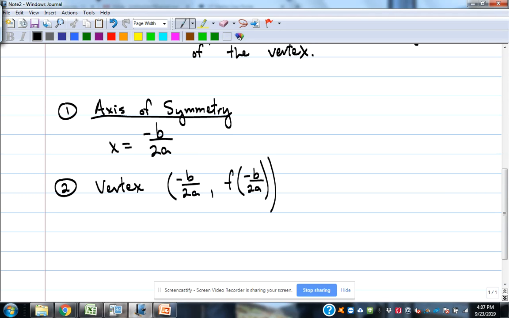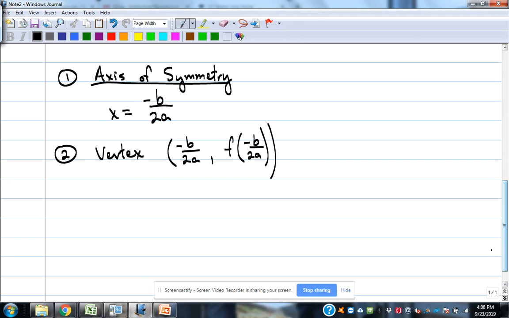That gets us the vertex, and from there we can find the range for whatever quadratic we had. Now, we're also going to find the intercepts.